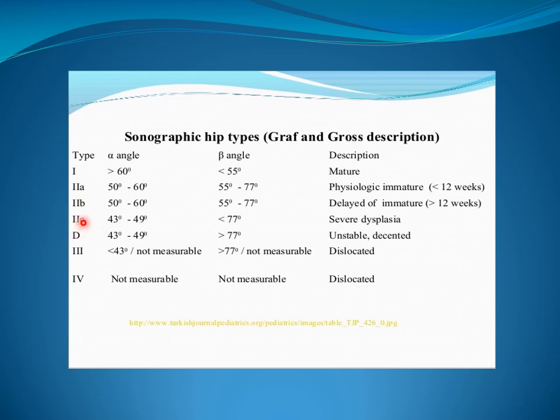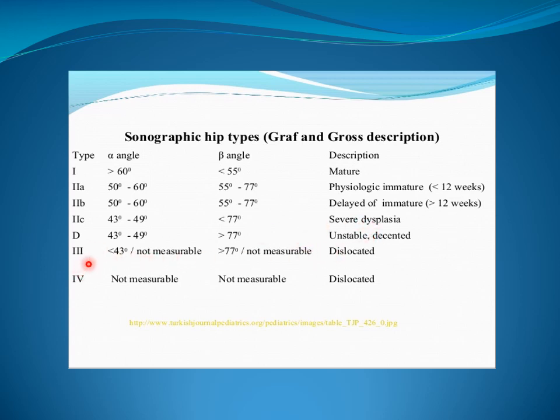Regarding type 2C, it is from 43 to 49 degrees for the alpha angle and less than 77 degrees for the beta angle, and this is considered a severe dysplasia. Type D is 43 to 49 degrees also for the alpha angle, but the beta angle is more than 77 degrees, and this is considered an unstable hip.